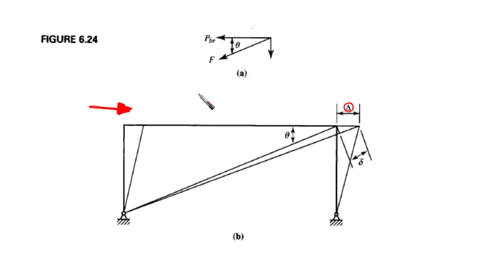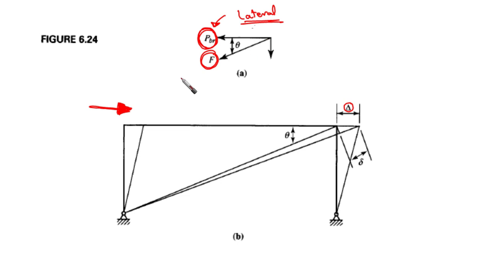The force that is going to be developed in the diagonal is going to be F. However, the horizontal component that needs to be provided, based on this force that is going to be developed in the bracing, is the lateral shear strength. This is PBR. This is what the code is providing for us.